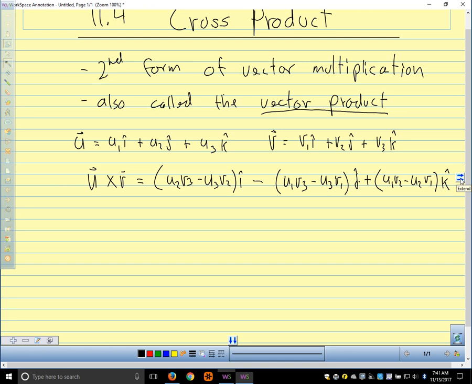And you'll notice that in each of these terms there's only the j and the k components here, the i and the k components here, and the i and the j components there. Yes, that's a v.